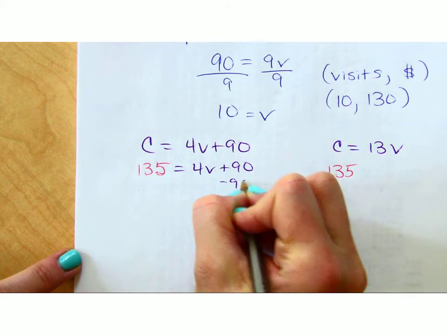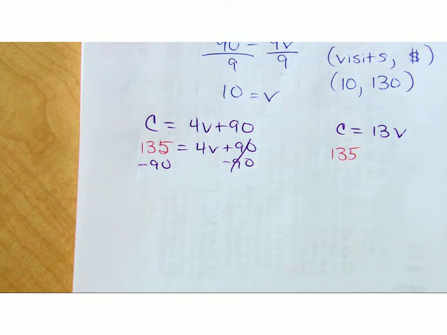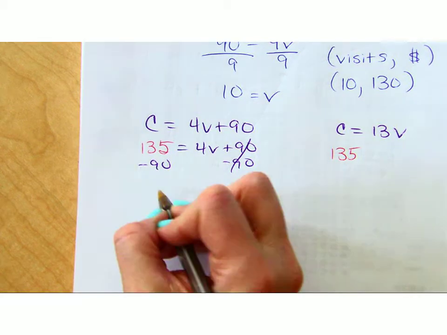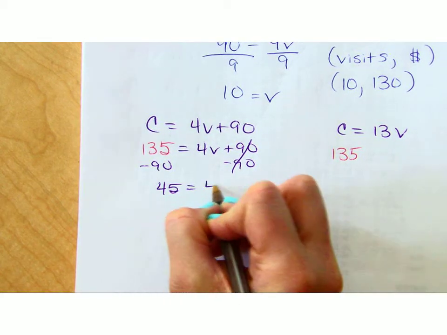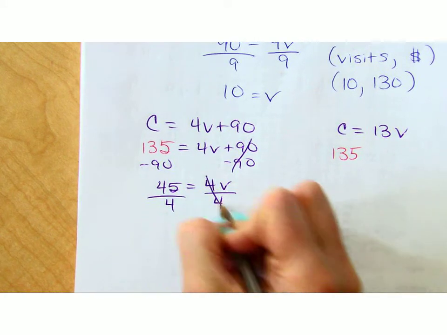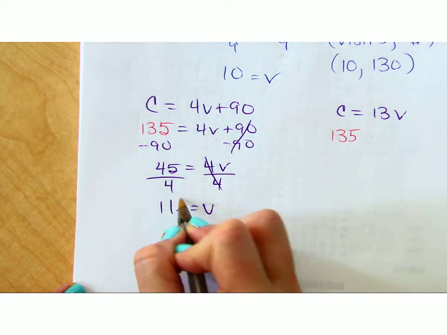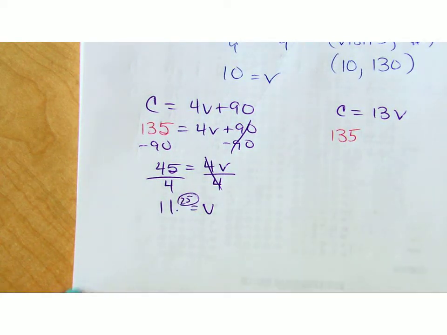Holy crap, my parents just gave me $135 and I got to hand 90 of it over right at the first day of summer. So now all I have is $45 and it's $4 a visit. I'm going to be able to go about 11 times. Because that's really 0.25. Can you go 0.2 of a time? No. So how many visits you going to get if you go with option 1? 11.